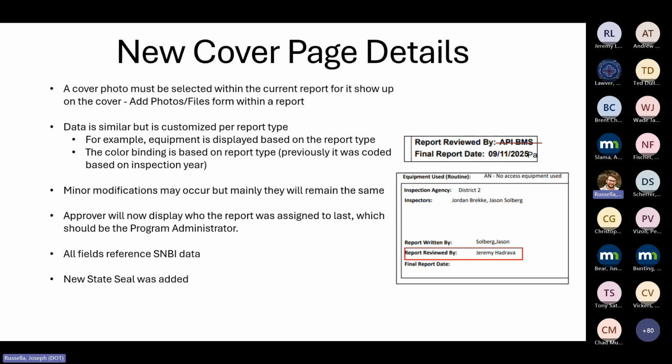And so now we created a field to track who was the final person that was assigned the report, which would be the PA. So now it tracks that. So now it's going to read the actual person who reviewed the report. And then we added a state seal, new state seal.